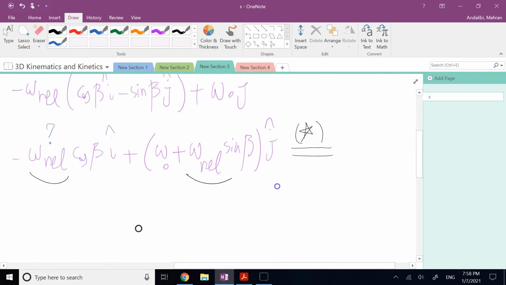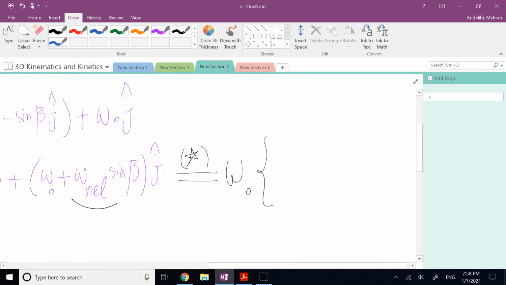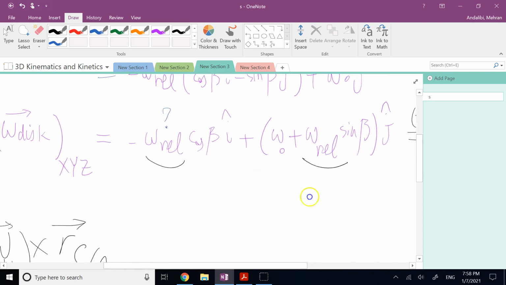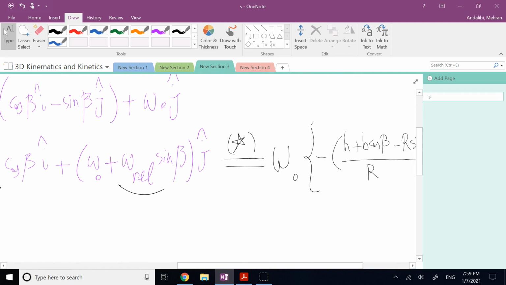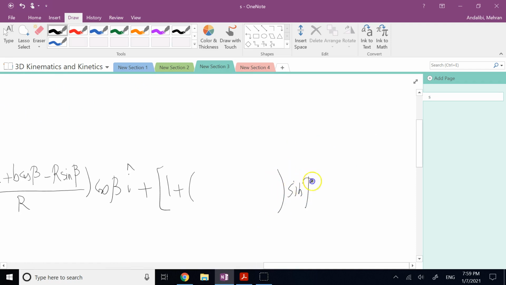So it is going to be some big omega naught times, negative of h plus b cosine beta minus r sine beta, divided by r, this whole thing times cosine beta i, and plus 1 plus that whole thing, sine beta times j.